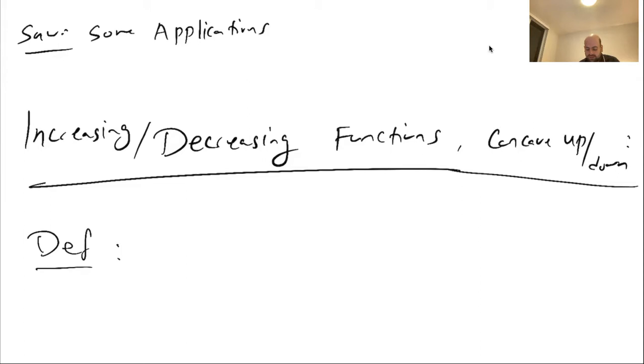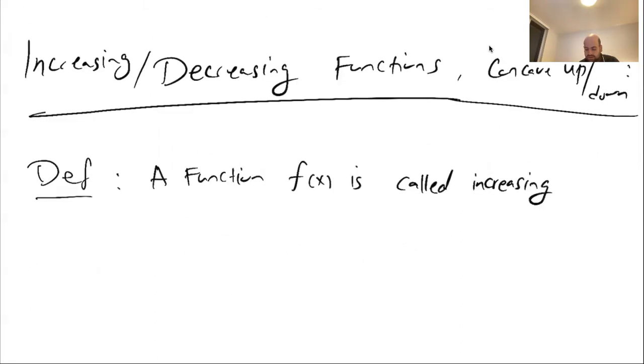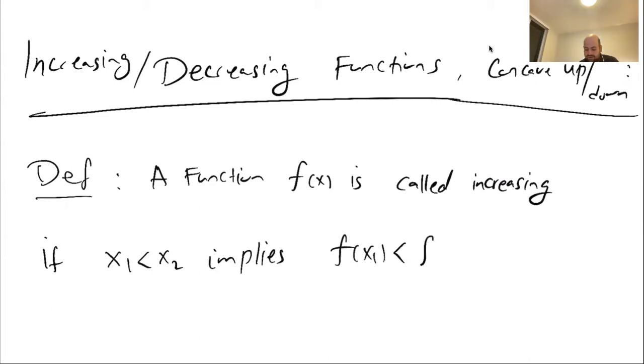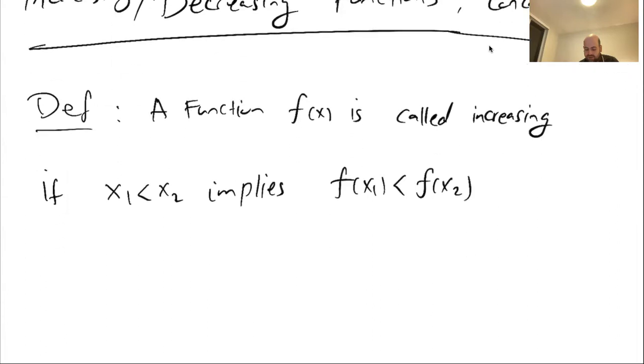So a function f of x is called increasing if x1 less than x2 implies that f of x1 is less than f of x2 for every x1, x2 in the domain of f.